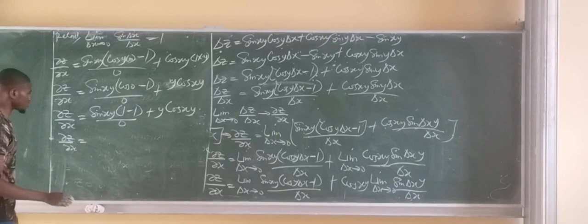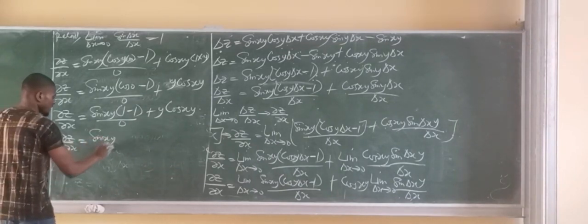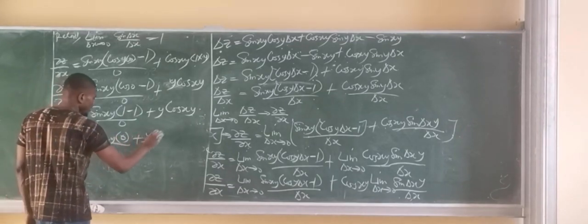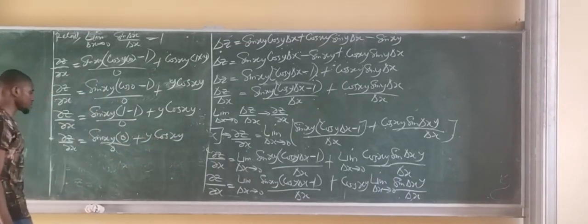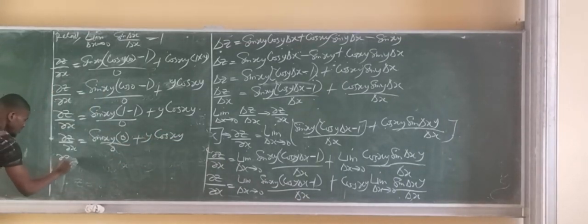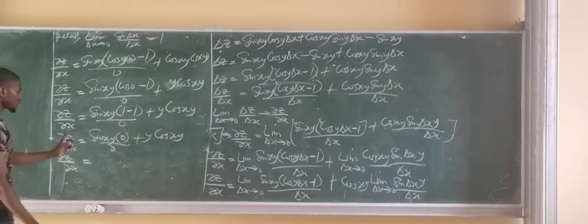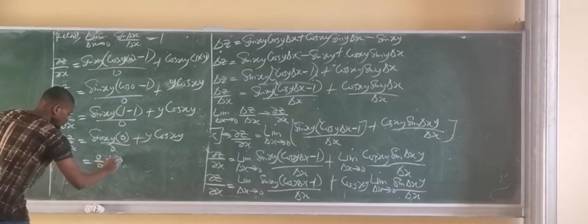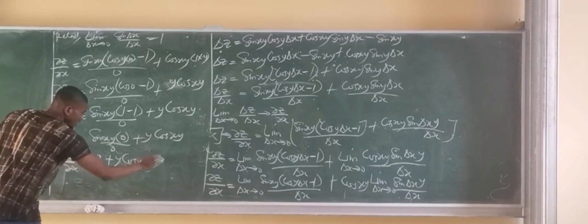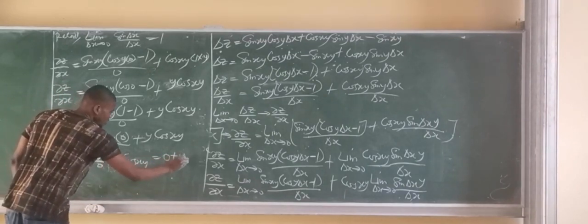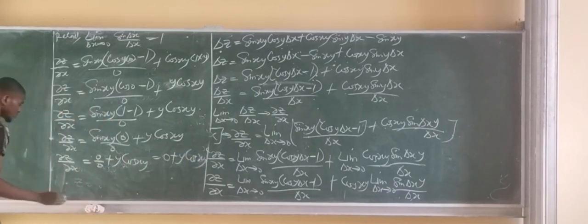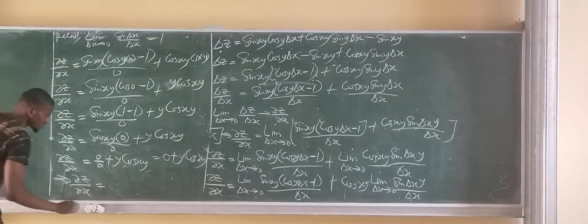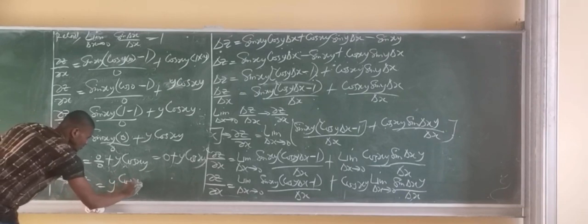This is actually 0 plus y cos xy. So that simply implies that the partial derivative of the function z with respect to x is simply y cos xy.